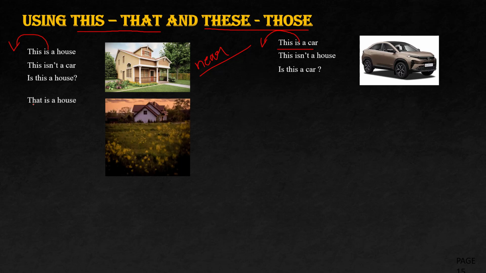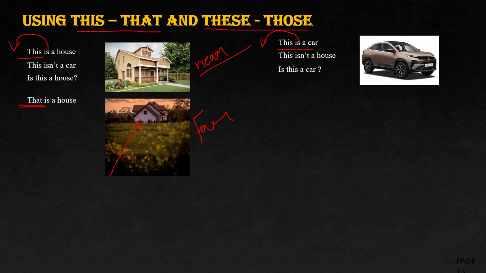Now you could see the house which is far away from you, right? So if it is far away from you, we add that. Okay, I hope you understand where we add this and that.